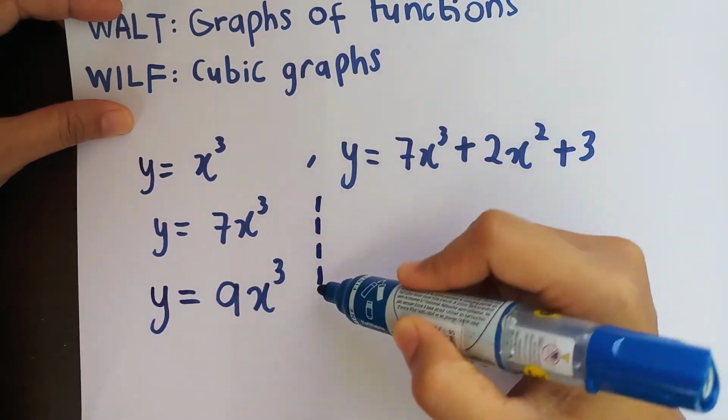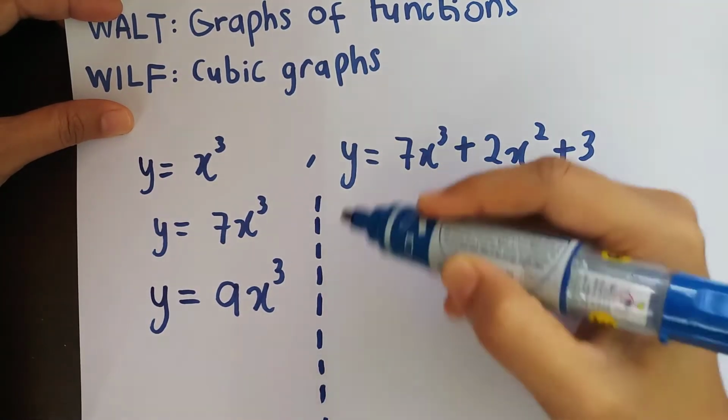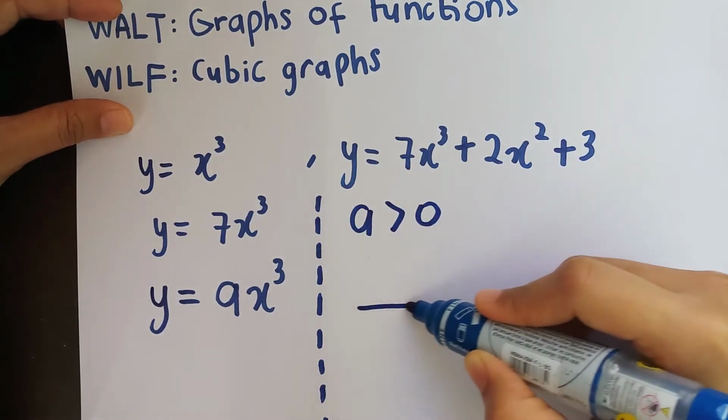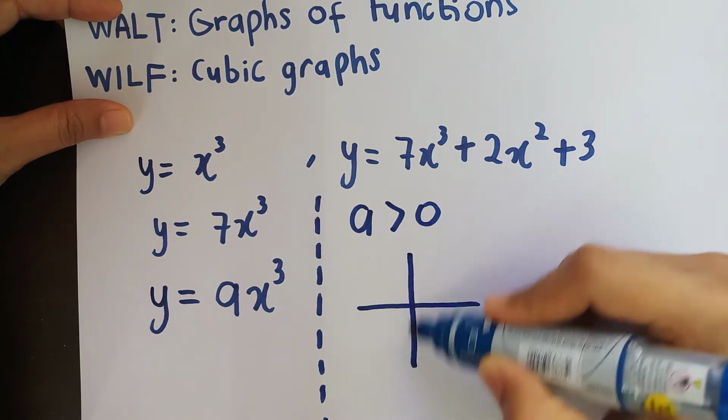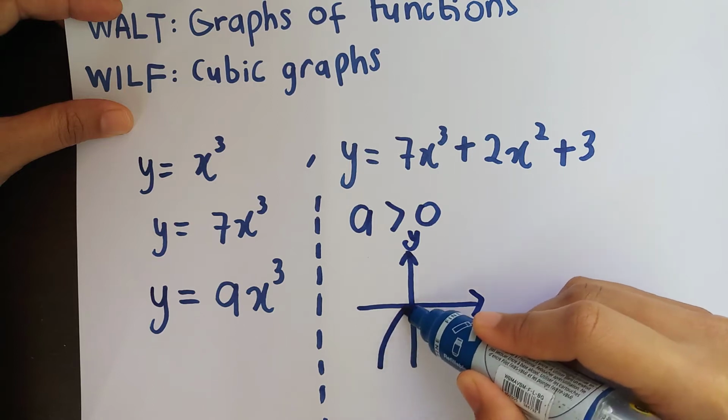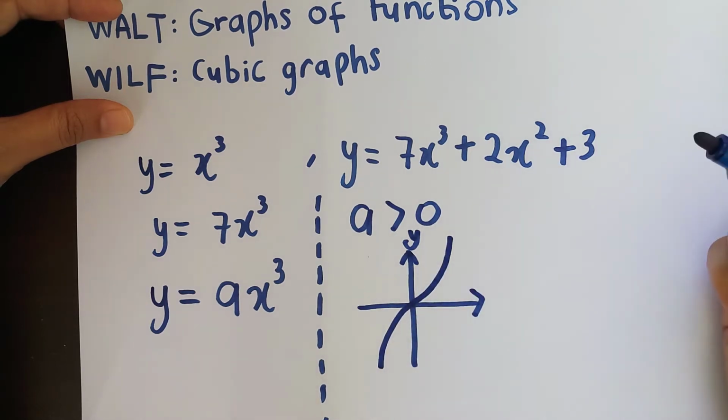So I'm going to do it here. When your a is positive, the basic shape for your graph is something like that.